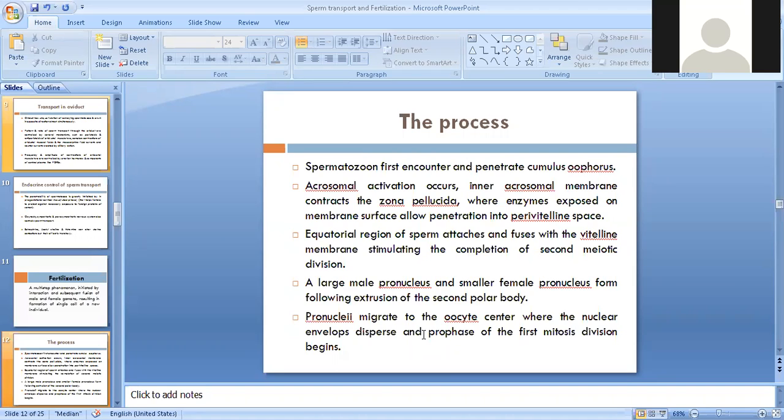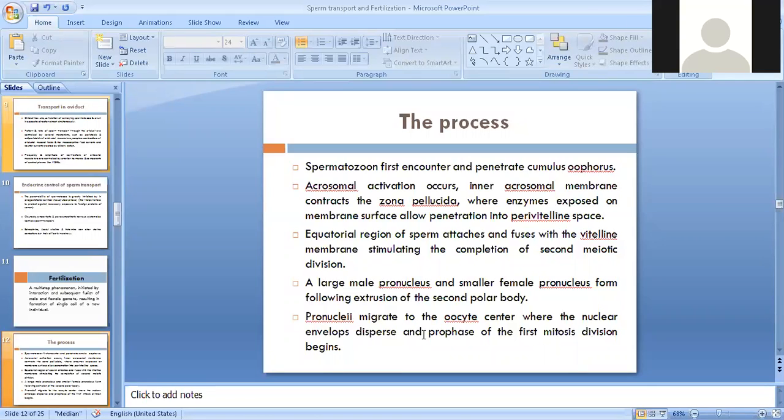So there will be one large male pronucleus and one small female pronucleus, which form following the extrusion of the second polar body into the perivitelline space. These pronuclei are the initial stage of the nucleus which will be formed further.